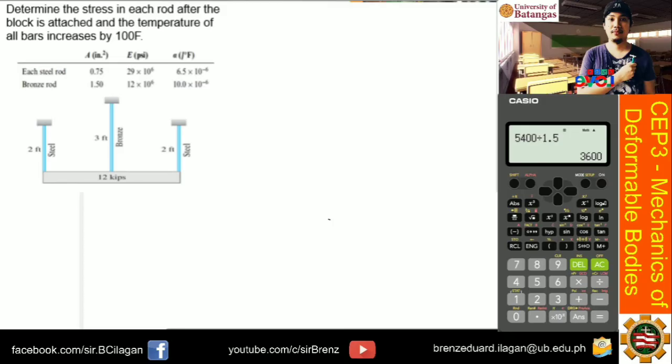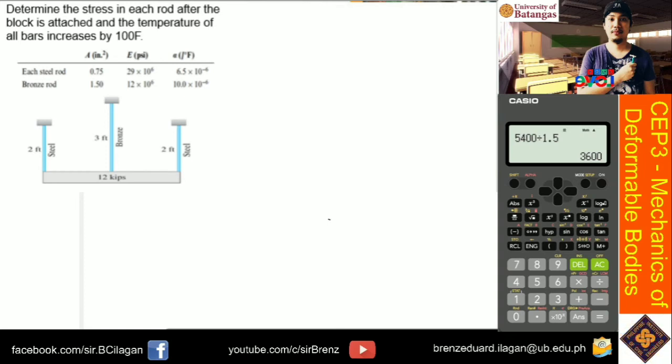Kasi nga, kung napansin niyo doon sa una nating situation, di ba yung bronze, mas mabilis siyang humaba kapag naiinitan. So because of that elongation, merong certain length kung saan lahat ng load mo is yung steel na lang yung magdadala. Okay. So simulan natin.